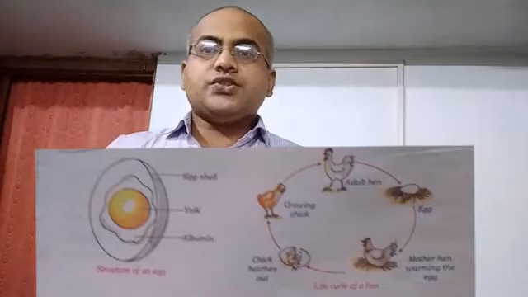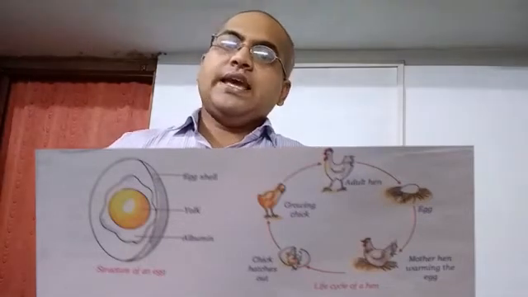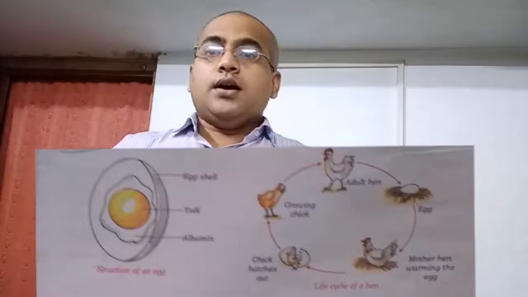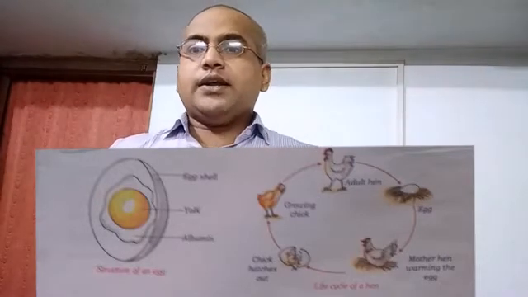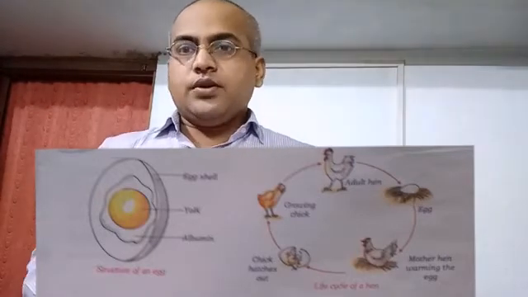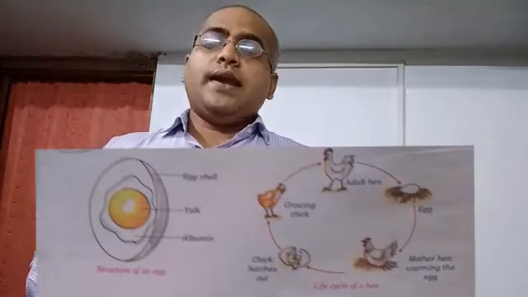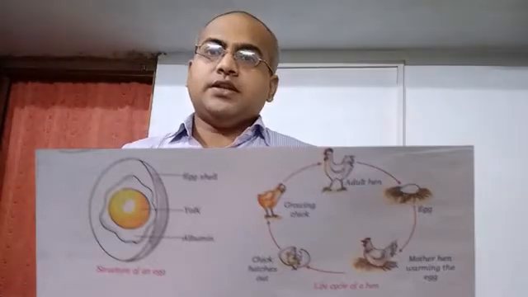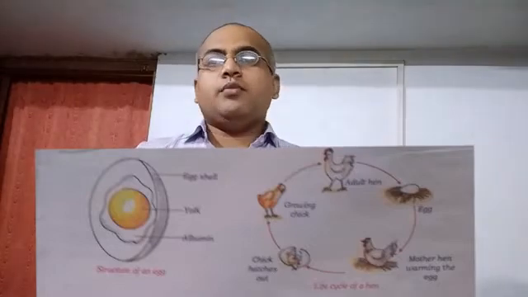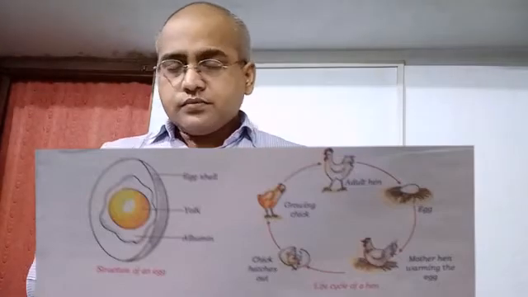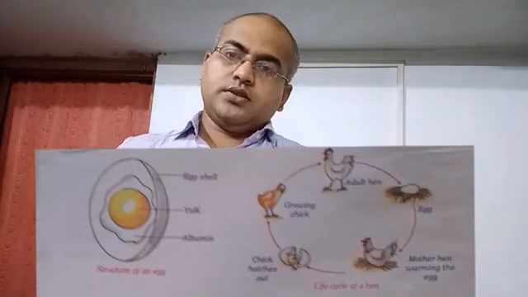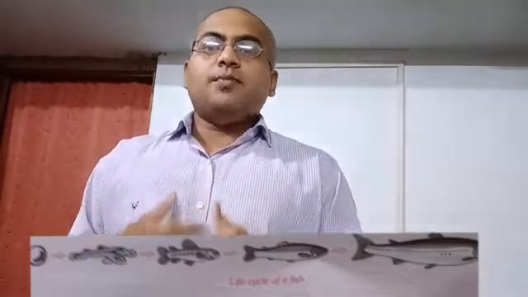There is a jelly-like structure, and these eggs are eaten by other aquatic animals as food. So thousands of eggs are laid by the fish, but most of them are eaten by other animals. This is how we have a balanced number of fish in a pond, sea or river.